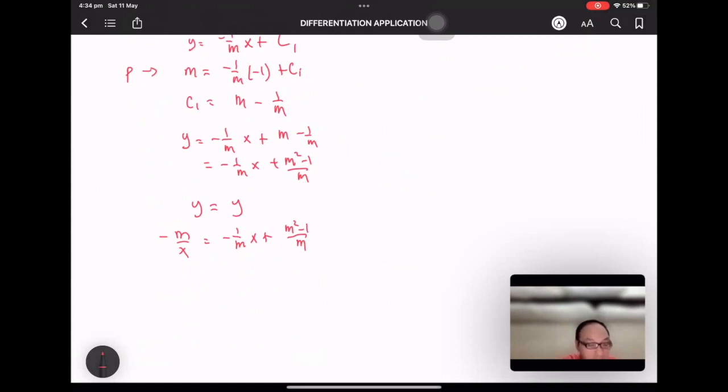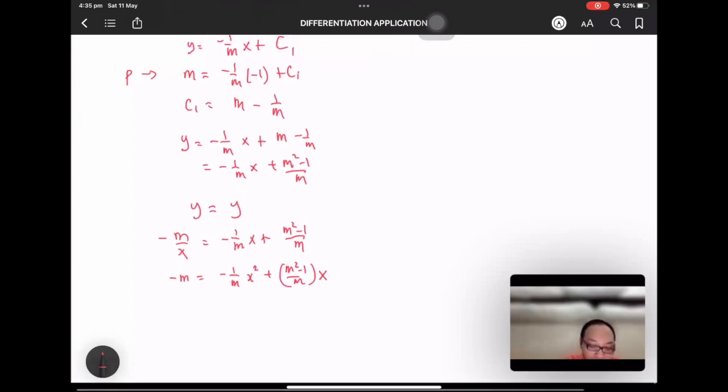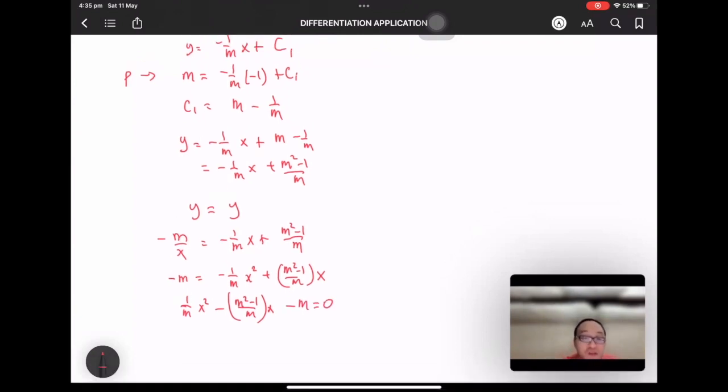So I can multiply by x, so negative m equals negative 1 over m x squared plus m squared minus 1 over m x. So again, we have a quadratic equation, 1 over m x squared minus m squared minus 1 over m x minus m equals 0. So I better multiply by m here. So I have x squared minus m squared minus 1 x minus m squared equals 0.